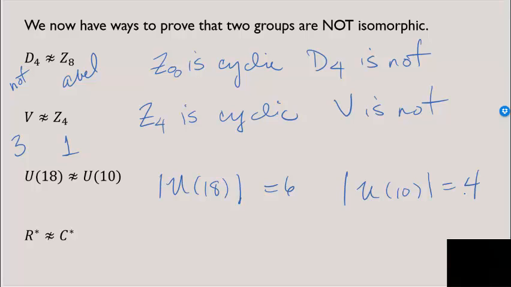They have different orders. R star is not isomorphic to the non-zero complex numbers, because in the complex numbers we have 2 elements of order 4. I to the 4th is 1, and minus I to the 4th is 1. We have no elements of order 4 in R star.